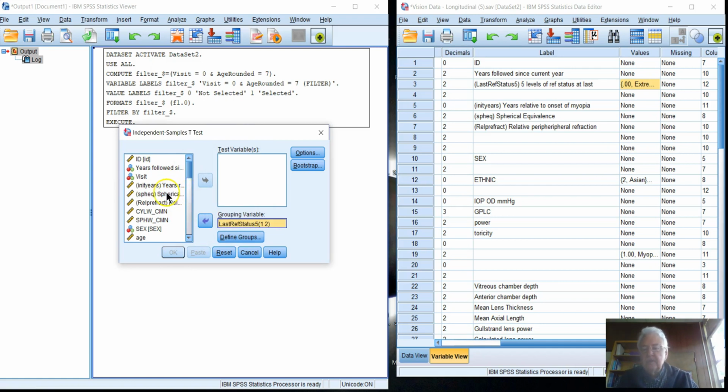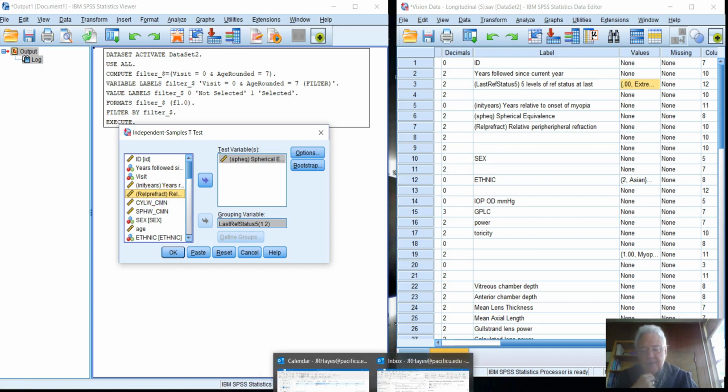And then we want to look at spherical equivalence and relative refraction, peripheral refraction. Notice that here we have init years and years. If we sit on this, we'll see that relative peripheral refraction also shows up on the right. It's in parentheses at the left.